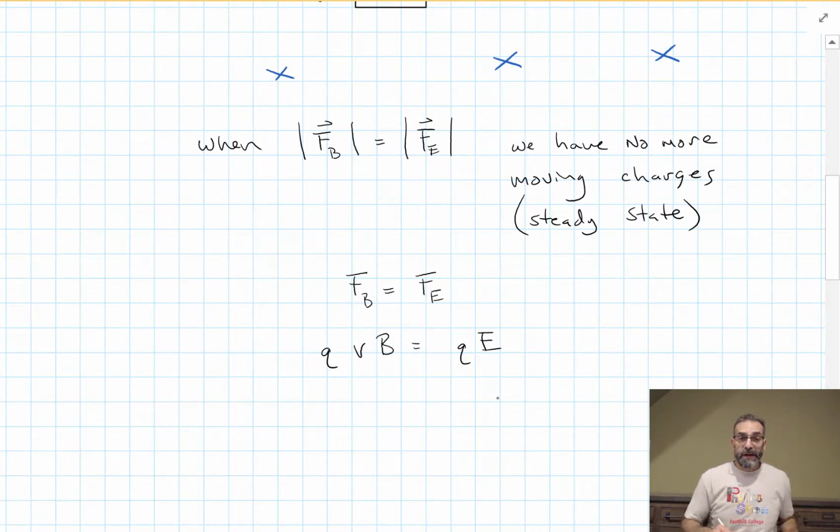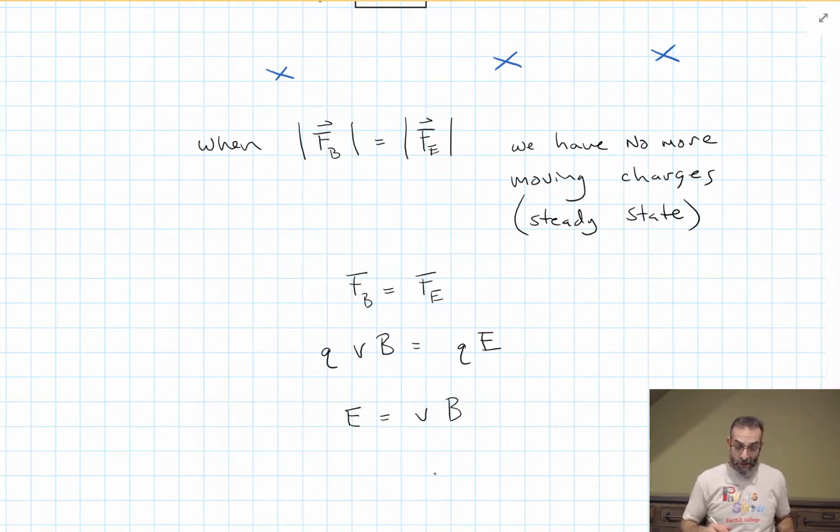So we fill in what we know about charged particles moving in magnetic fields, and we fill in what we know about charged particles in electric fields, and we end up with the electric field is equal to the velocity times the magnetic field.